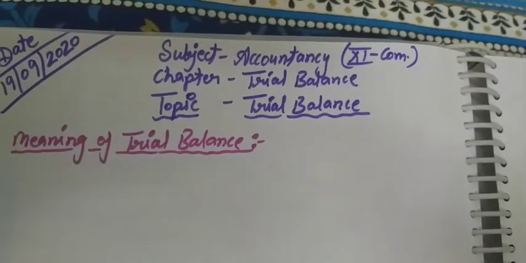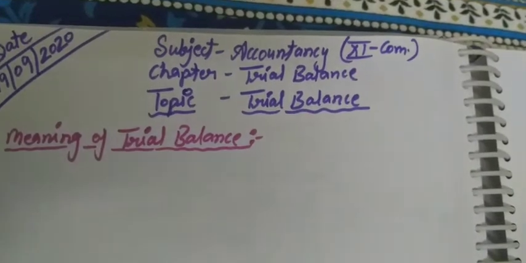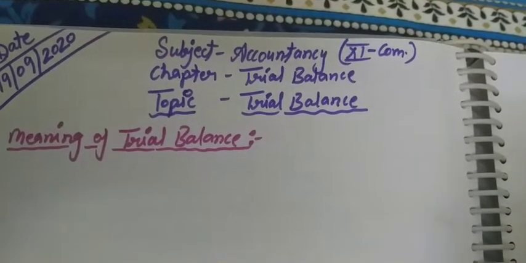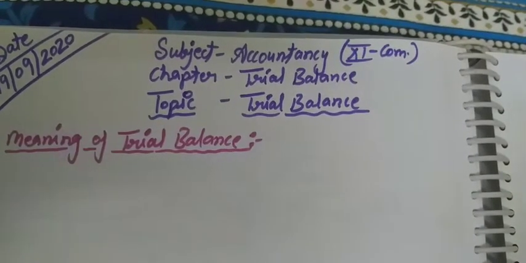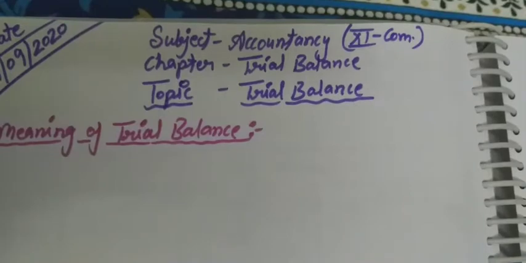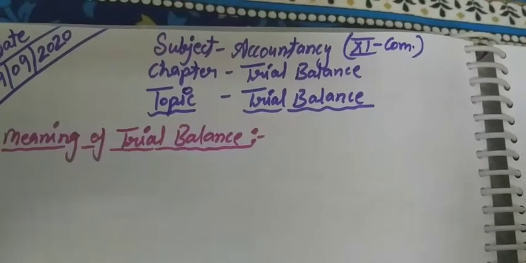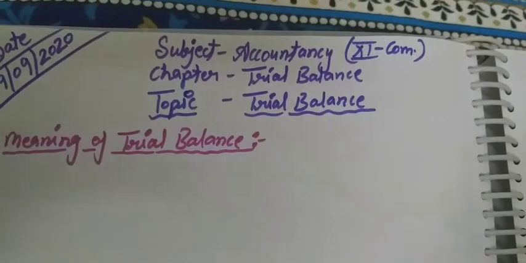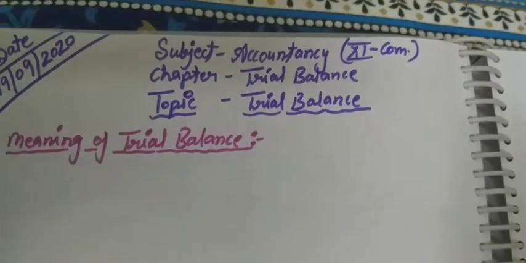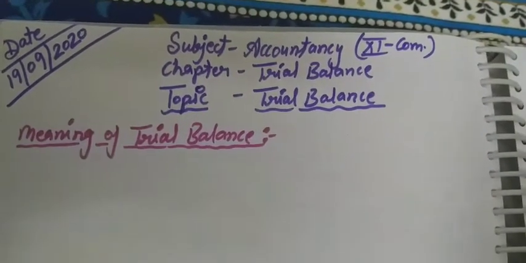If an account has a debit balance, it is transferred to the debit side of the trial balance, and if it has a credit balance, it is transferred to the credit side. This is the basic concept of the trial balance. Then we will learn the purpose of preparing it, but first the meaning.